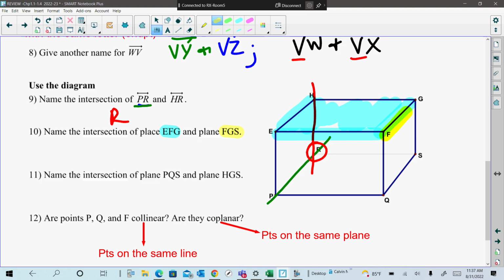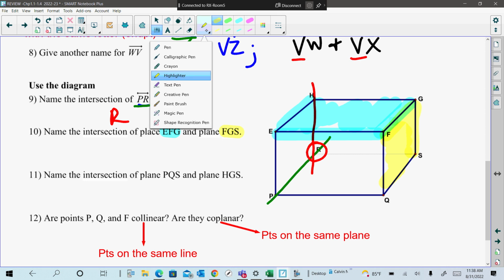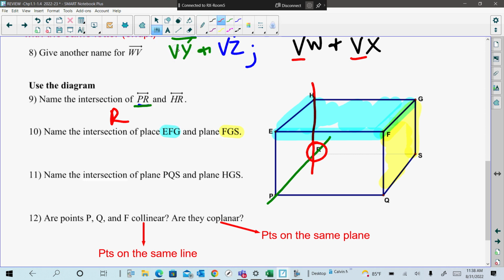I go to F, I go to G, I go to S. That is the right side of the plane. So where those two planes touch or intersect, that is at the line or the segment FG. Or you could say GF.